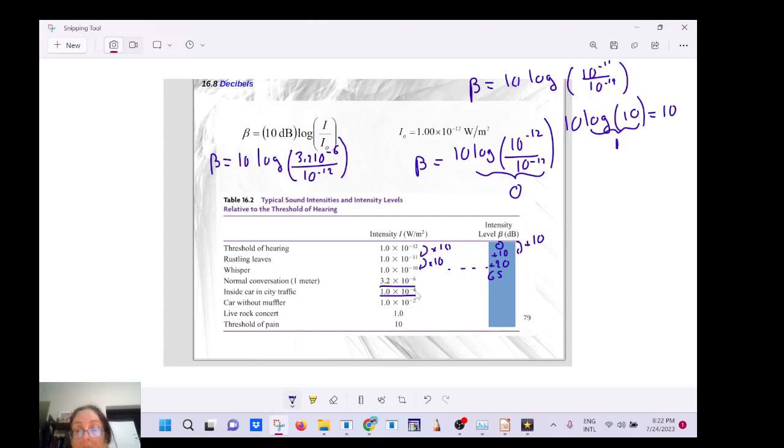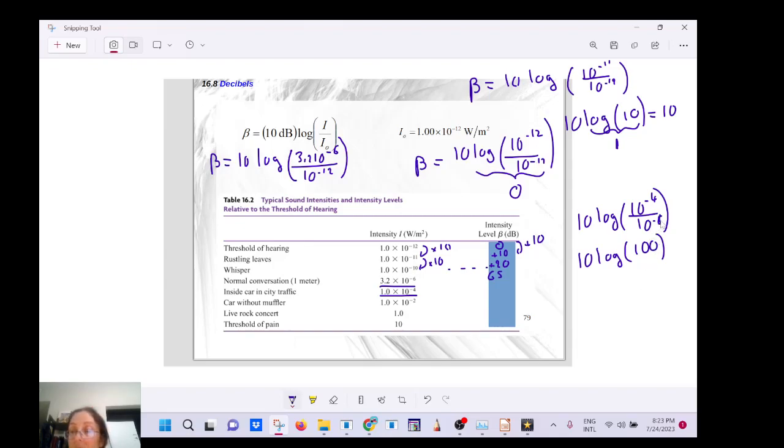Okay, so this one is easy, right? Because you're going to do 10 and then log, and then you have 10 to the negative 4 and then 10 to the negative 6. So it's going to be 10 log of 100.